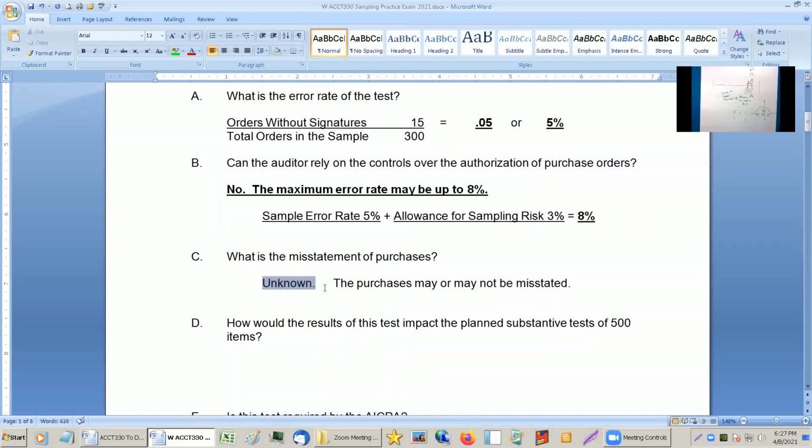One thing about test of controls is that even if there is a serious problem with internal controls, it does not necessarily mean the financial statements are misstated. It's possible that you have a problem with internal controls. However, that doesn't mean that there actually is a problem.